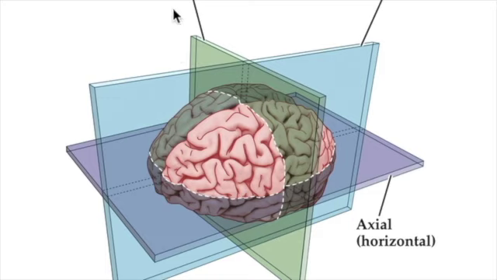One is coronal, and that's just the frontal view, or this slicing of the brain in this direction. A sagittal view is the slicing of the brain down the middle, and axial is the slicing of the brain horizontally. The way to remember coronal is that coronal means crown.